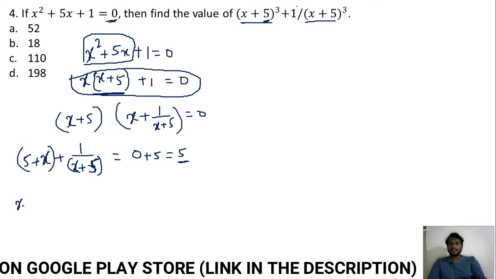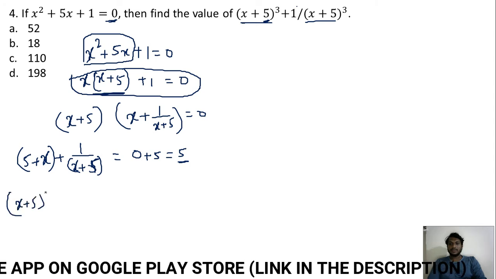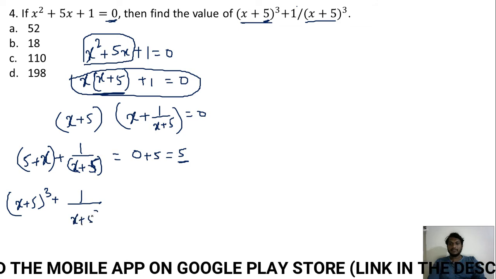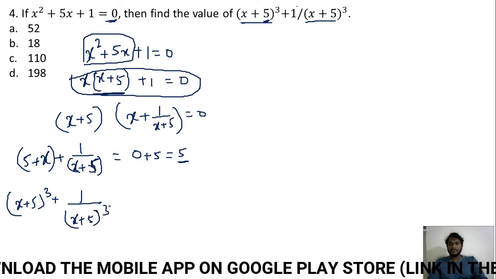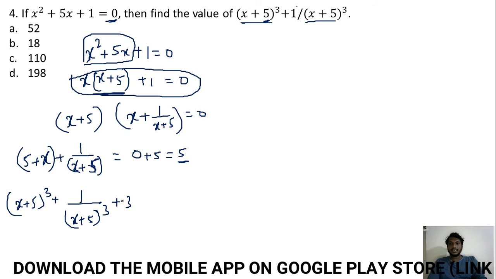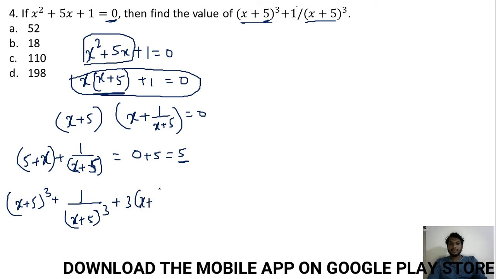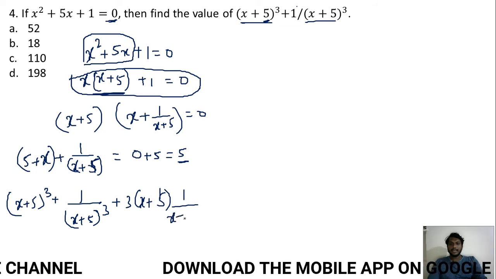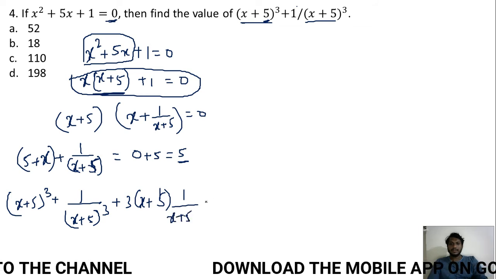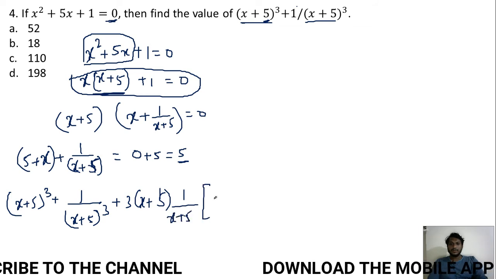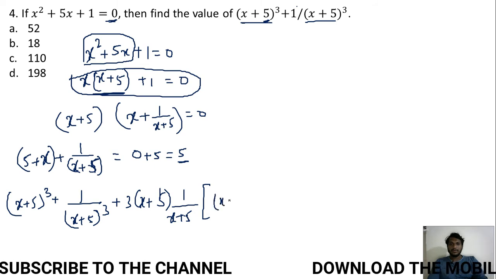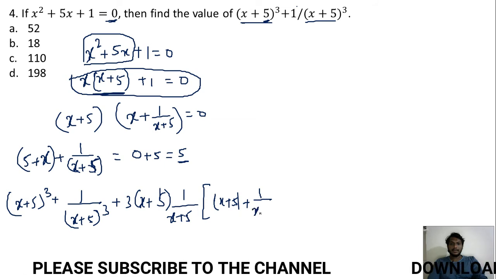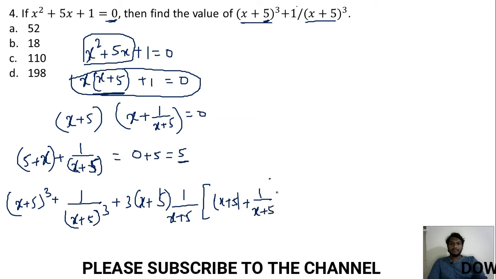Here this is x plus 5 whole cube plus 1 by x plus 5 whole cube plus 3 into x plus 5 into 1 by x plus 5 into x plus 5 plus 1 by x plus 5.